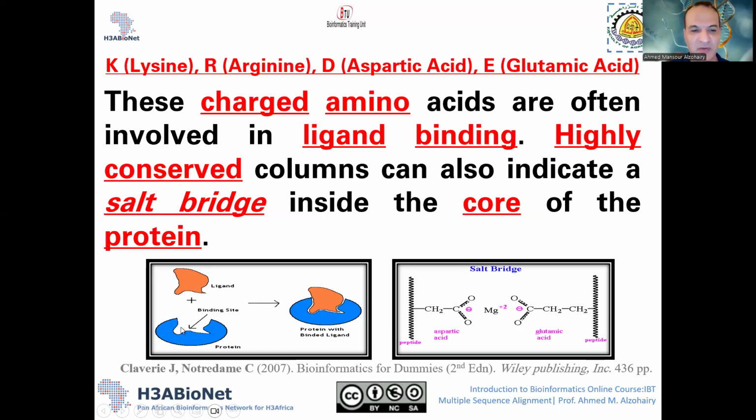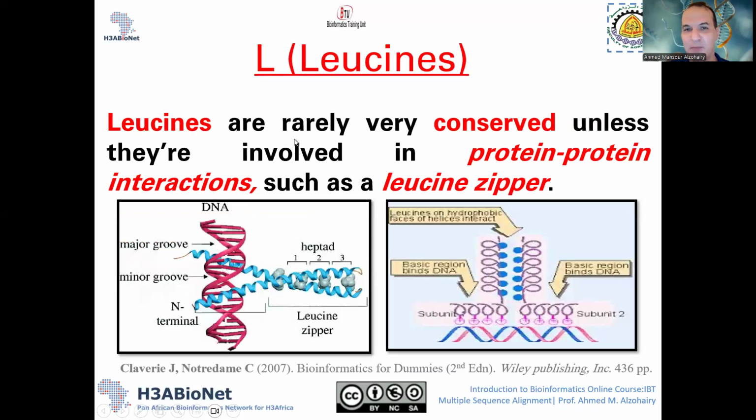So if you are looking for ligand binding, like here, in these places you will usually find lysine or arginine, aspartic acid, or glutamic acid. Also, as we said, it can be a salt bridge inside the core of the protein. So this is very important.